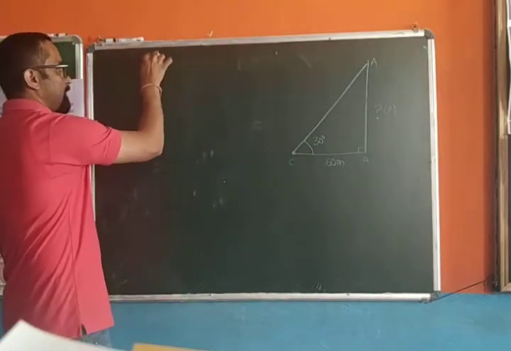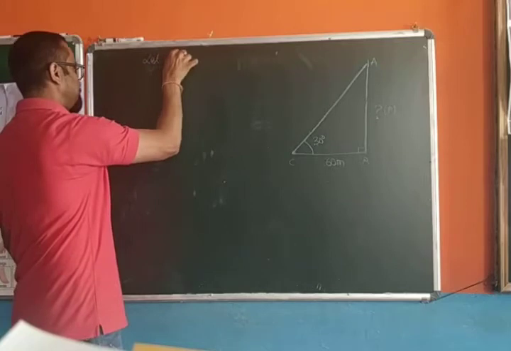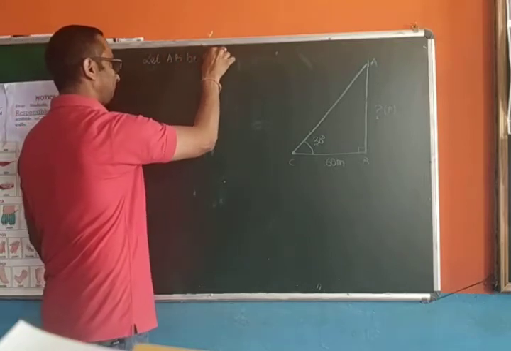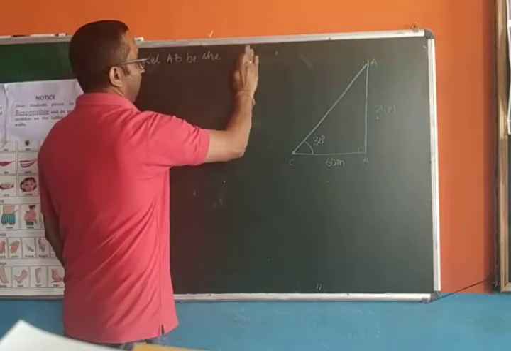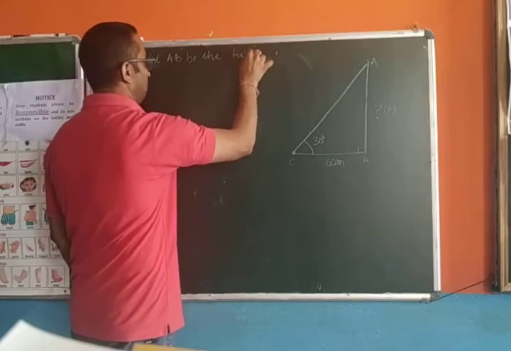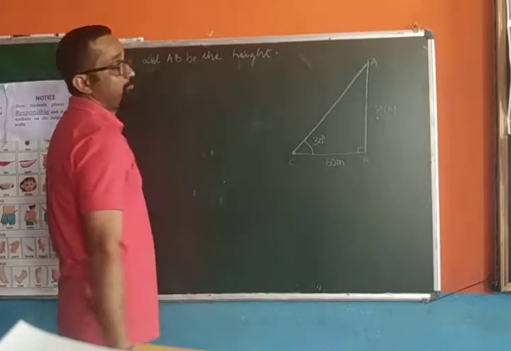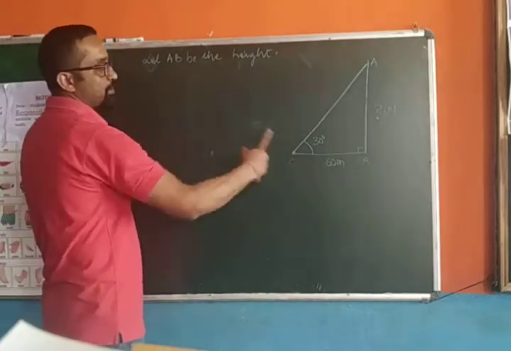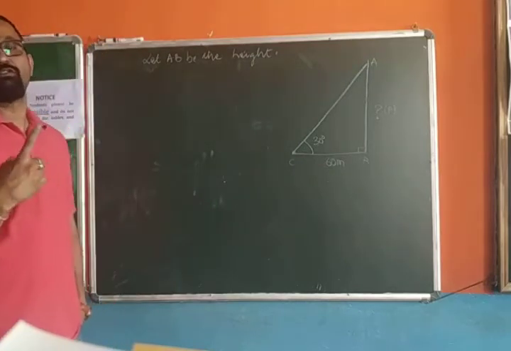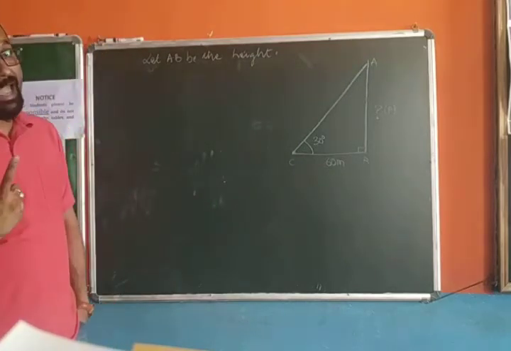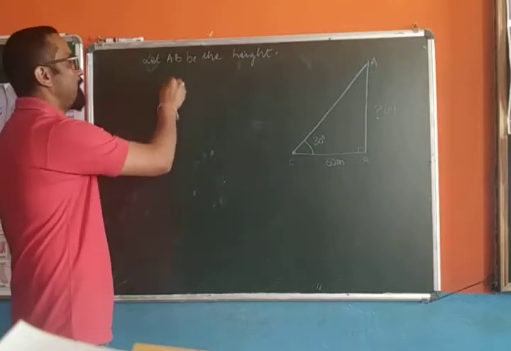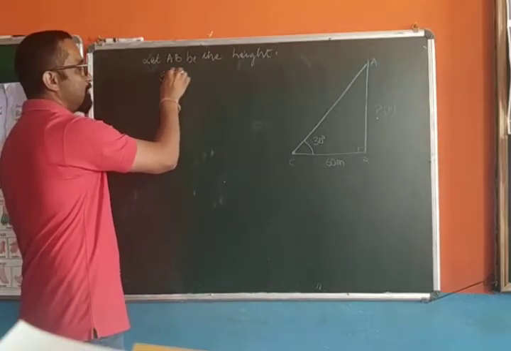Assume, let AB be the height. Once you do the assumption for height, use a suitable trigonometrical ratio, and tan has perpendicular and base in triangle ABC.